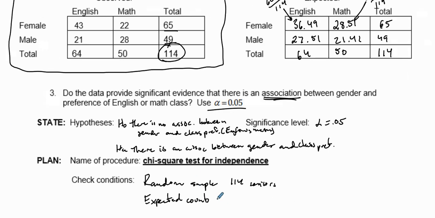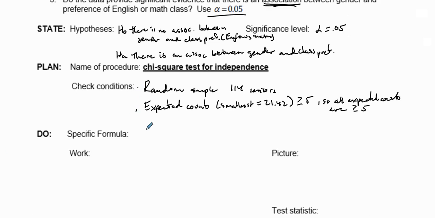The smallest one equals 21.42, and that is greater than or equal to 5. So all expected counts are greater than or equal to 5. All right, so we have all the conditions met in order to perform this chi-square test for independence.